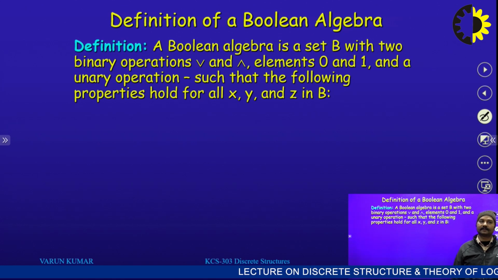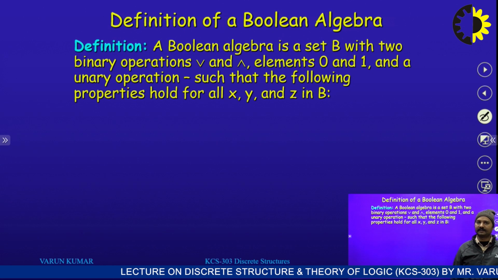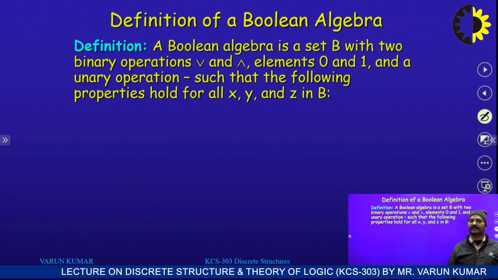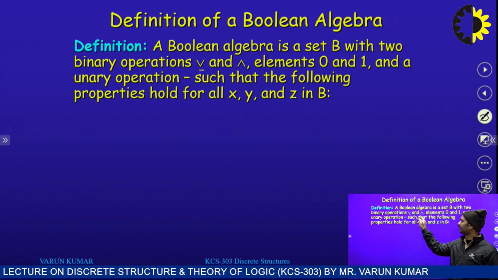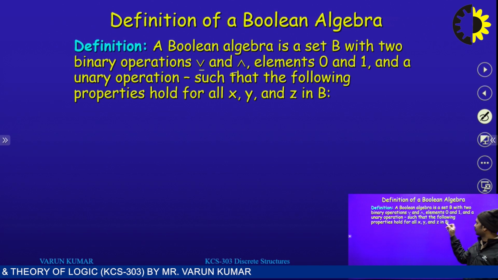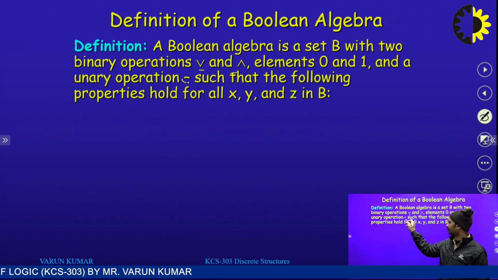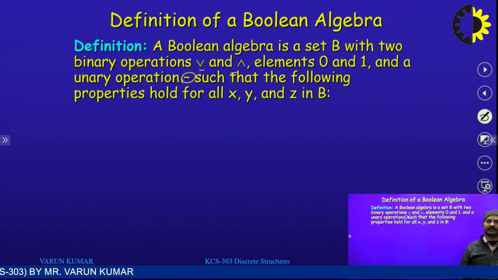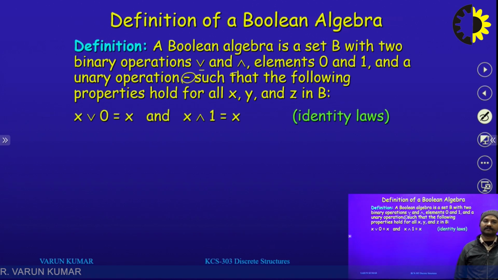This is the definition of Boolean algebra: a Boolean algebra is a set B with two binary operations, that is OR and AND, elements 0 and 1, and a unary operation, negation or NOT gate, which is known as the complement of that particular variable, with the following properties.